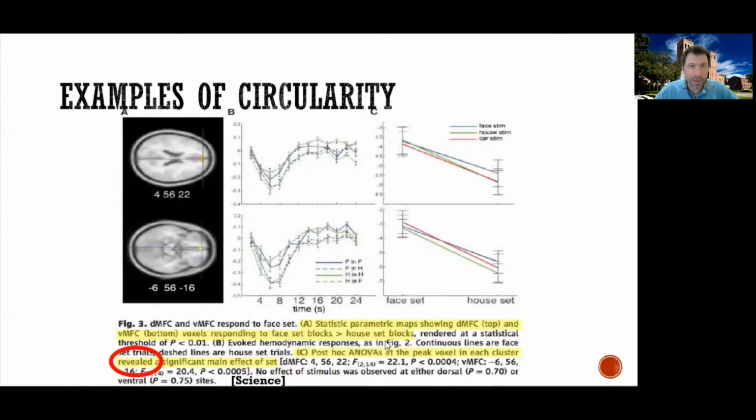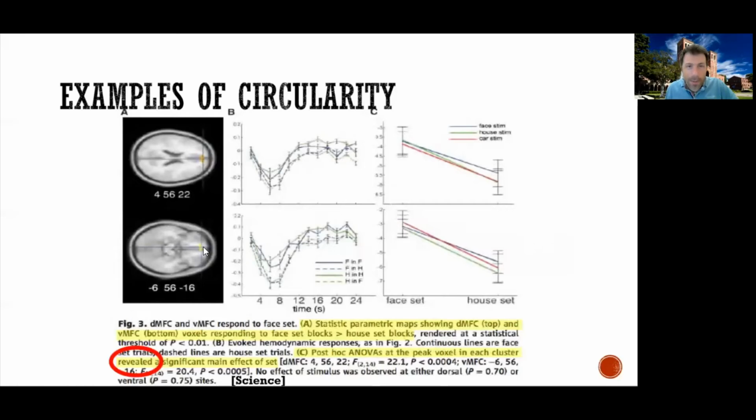So is it surprising that when we look at the voxel that is specifically picked because it is significantly more active during faces than houses, we then look inside that voxel and we find that it responds more to faces than houses? It's not an independent analysis. It's exactly the same analysis, just done on the ROI, right? The way in which we selected the ROI leads to a completely circular inference in the ROI analysis.